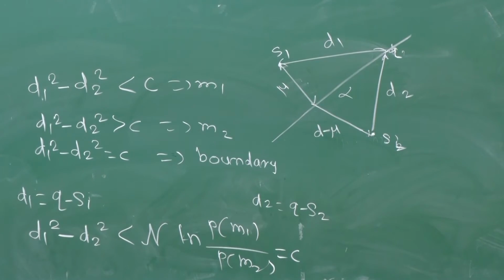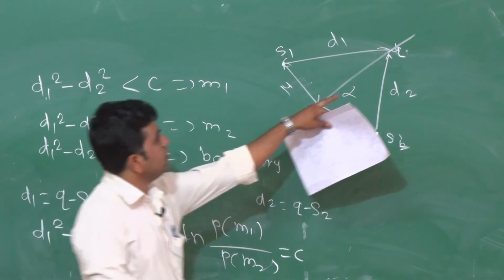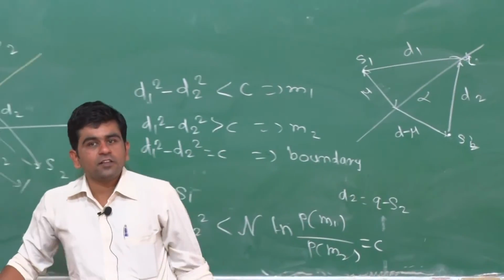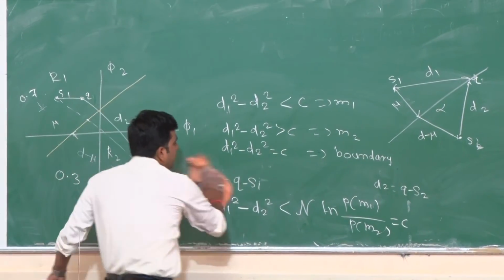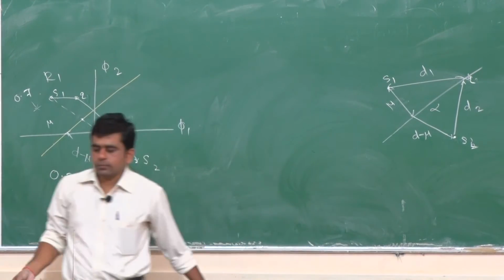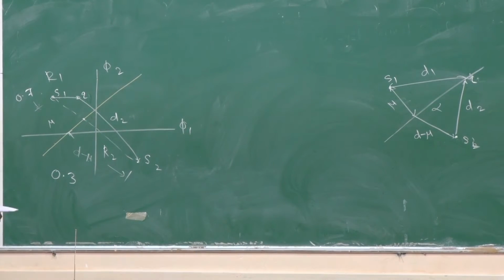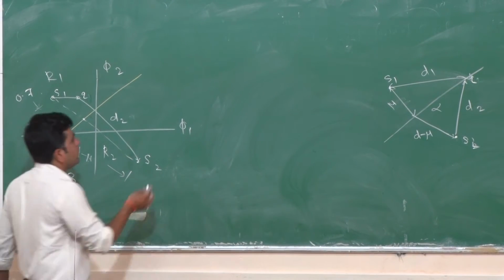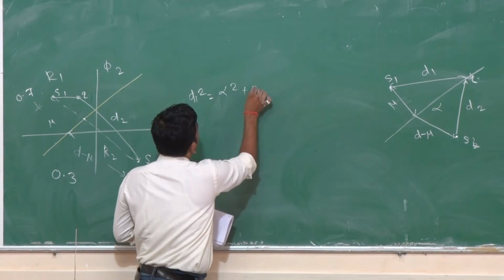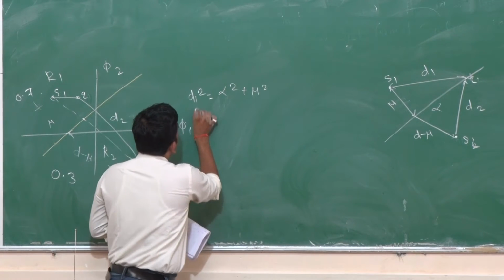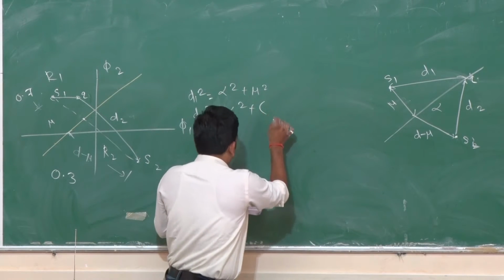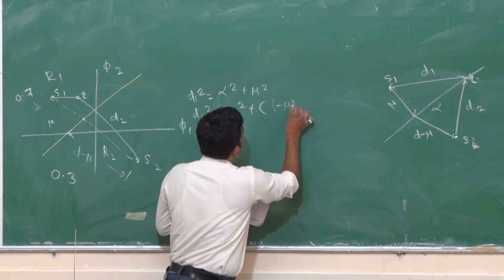Same diagram. Here this is your point q, d1, d2, mu, d minus mu, and this distance is alpha. Now depending on this, write down from this figure, d1 square is equal to alpha square plus mu square, and d2 square is equal to alpha square plus d minus mu square.